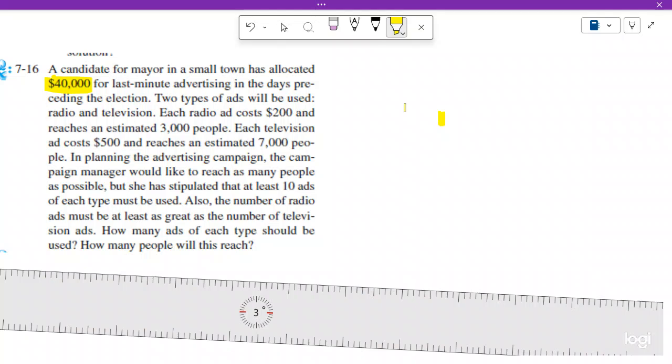So there are two types of advertising methods, radio and television. Okay? Each radio ad costs 200, ne? And it reaches an estimated 3,000 people.